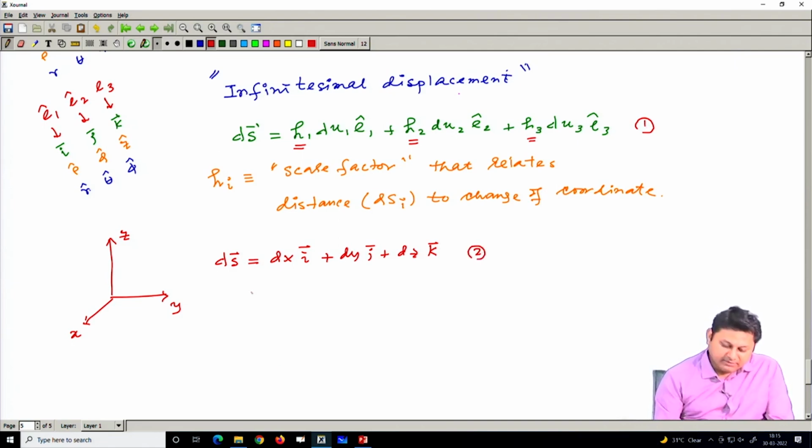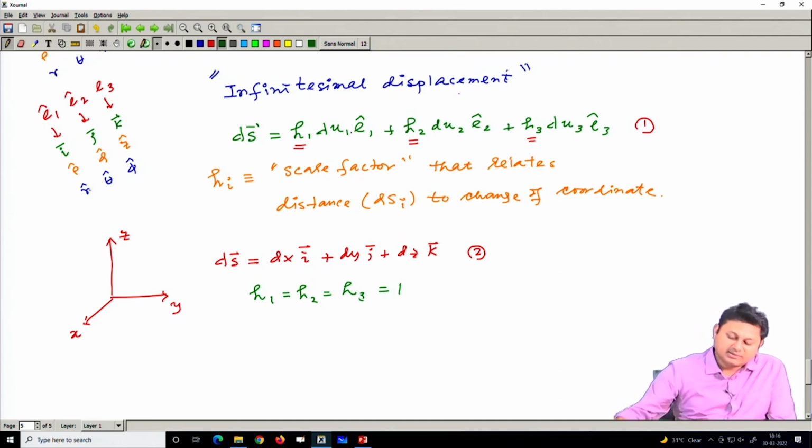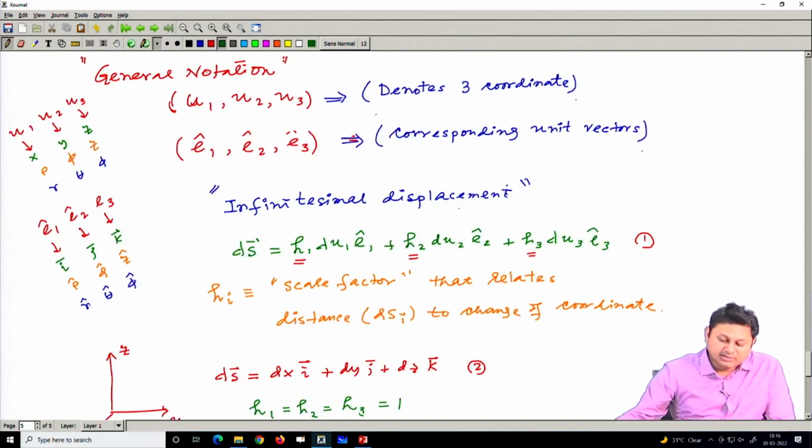Then I can readily find one very important thing: the scale factors h1, h2 and h3 are 1 for the Cartesian coordinate system. If you simply put h1, h2, h3 equal to 1, then from equation 1 you will get equation 2, because in equation 1 you have dui, where ui is the coordinate.